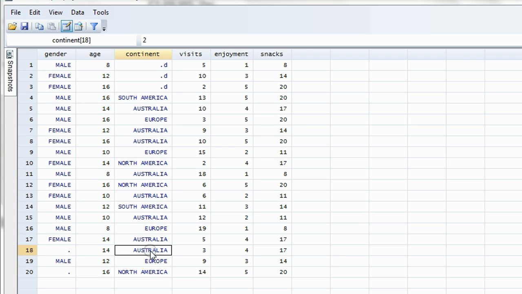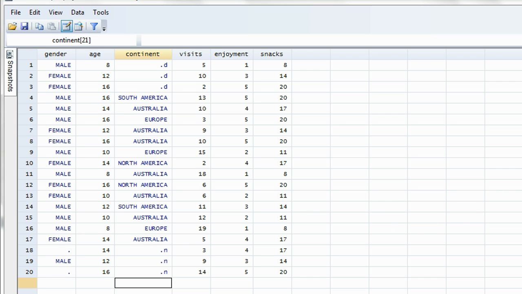And let's make the last 3 .n, so that we're telling Stata that the last three respondents felt that the question of what continent are you from did not apply to them. Well, maybe they're from Krypton or something, who knows.